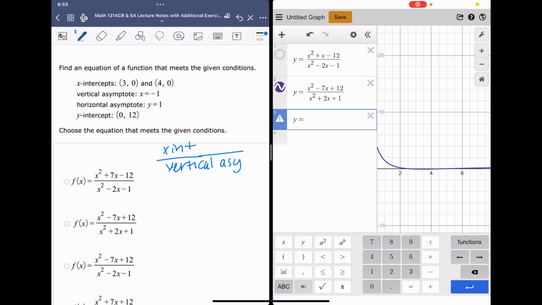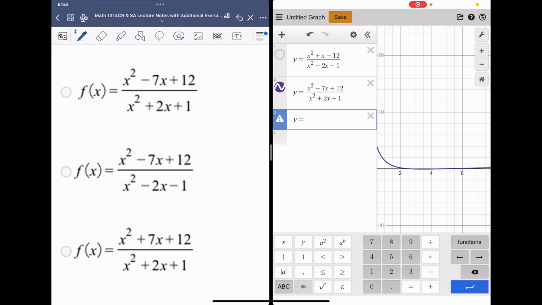Y equals x squared minus 7x plus 12 over x squared minus 2x minus 1.